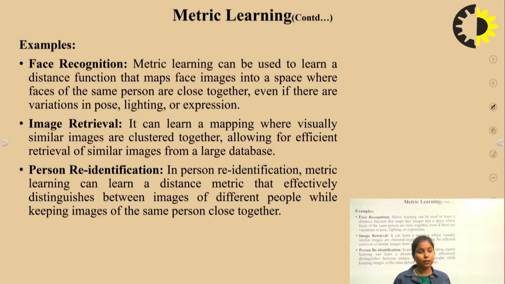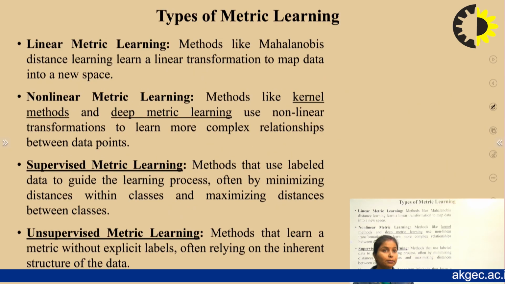It can learn a mapping where visually similar images are clustered together, allowing efficient retrieval of similar images from a large data set. Then person re-identification. Metric learning can learn a distance metric that effectively distinguishes between images of different people while keeping images of the same person close together.